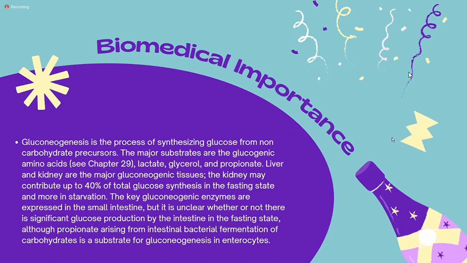As we said earlier, our principal organs for gluconeogenesis are your liver and kidneys. All right. Let's continue.